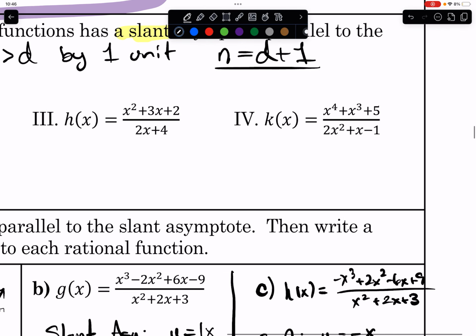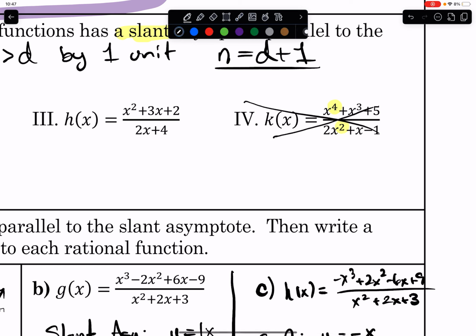So that leaves us these last two. Well, let's talk about the last one first. The last one doesn't work because even though this one is bigger than that one, the difference between those two numbers is not 1. 4 minus 2 is 2. So this has to be a difference of 1 unit. So this one cannot be it.